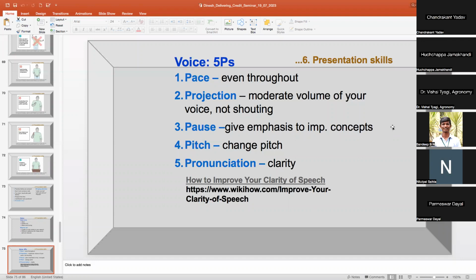Pitch is also important. You need to change the pitch: the slow pitch, the middle level pitch, the high pitch. Pronunciation, in pronunciation also, we should have clarity. We should try to speak, of course, in our own style. We have English or Indian style.